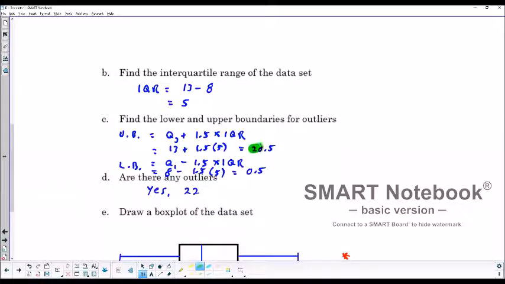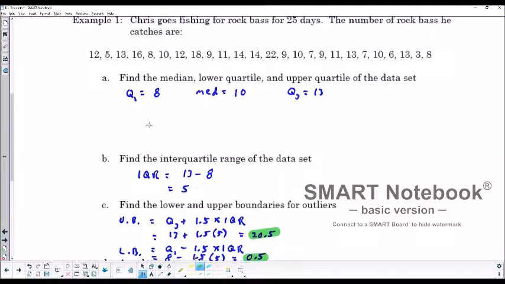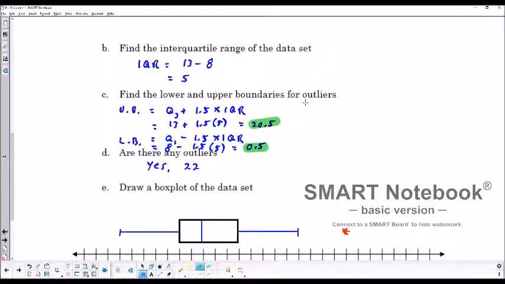The lower boundary is 0.5. And then we check back up here to see, are there any values that are lower than 0.5? And we check along, we don't see any. Are there any values that are greater than 20.5? And yes, we do see one, which is 22. And so that's going to be our outlier.